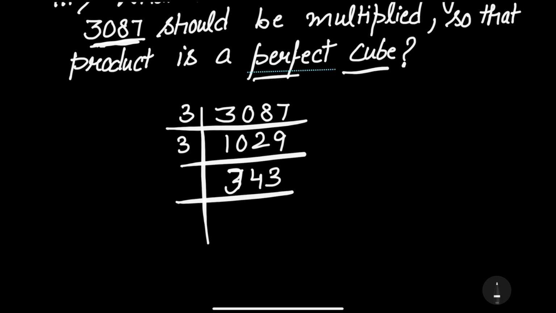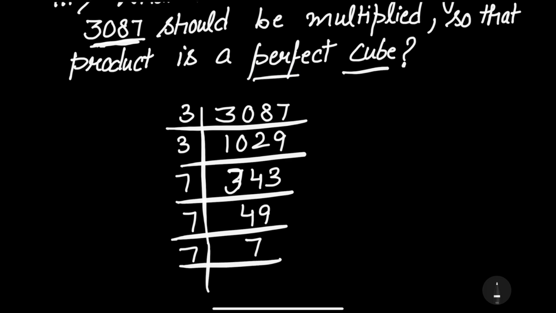Again it is divisible by which table now? 343 is divisible by 7. 7 into 49. And again 7 7s are 49. Again 7 1s are 7. So after finding all the prime factors of this number, I will write it like this: 3 into 3, 7 into 7 into 7.